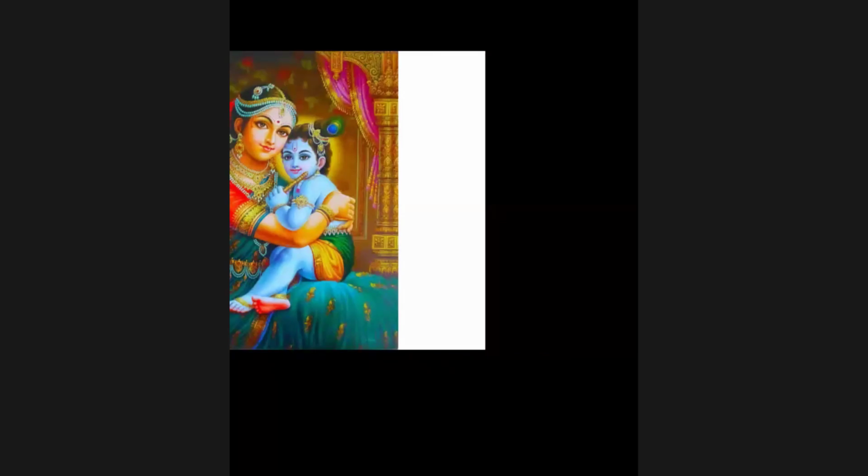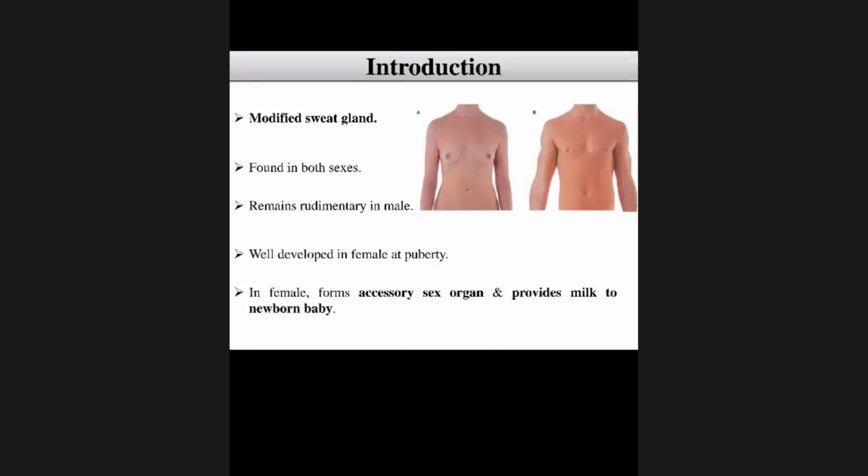Okay. So now coming to the introduction of this mammary gland. It is a modified sweat gland. And actually this mammary gland is found in both sexes, male as well as female. But in case of male, this mammary gland is rudimentary. But in case of female, it is well developed at puberty.